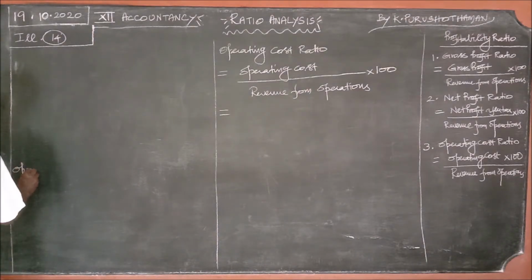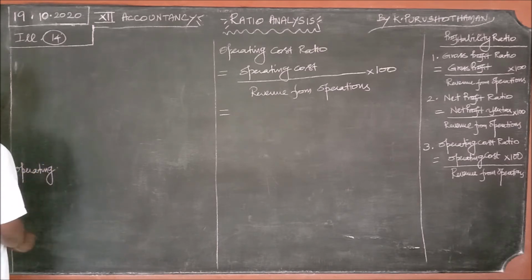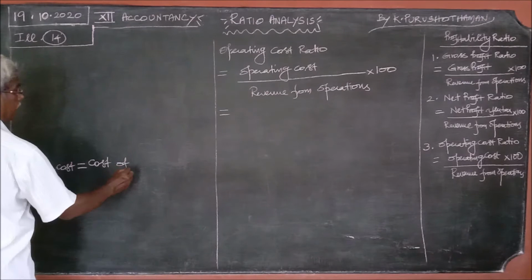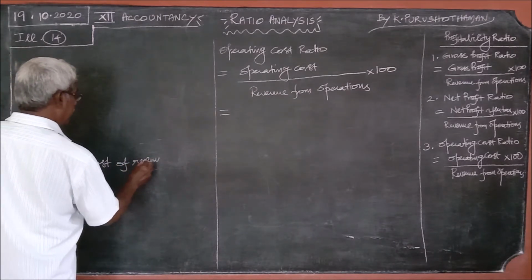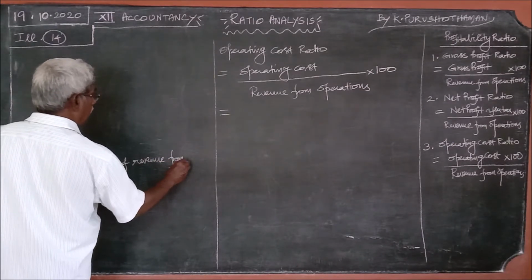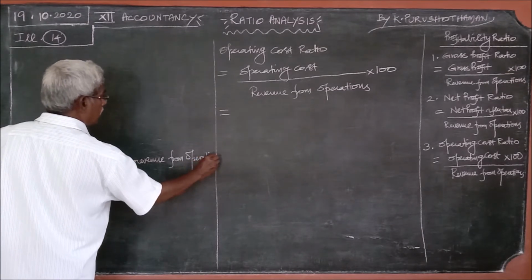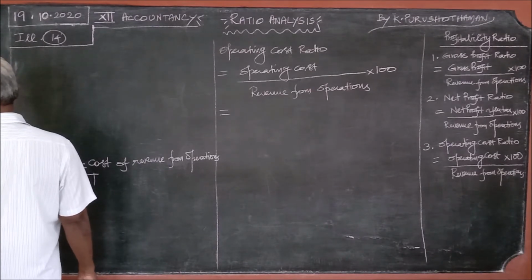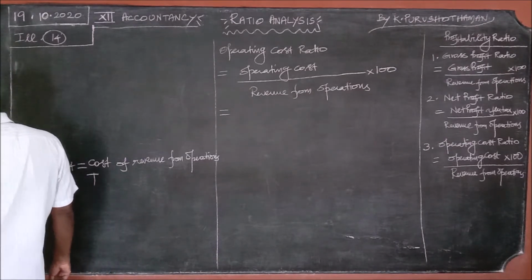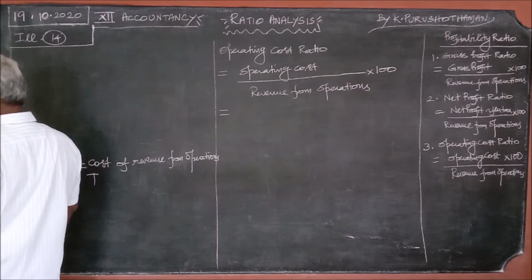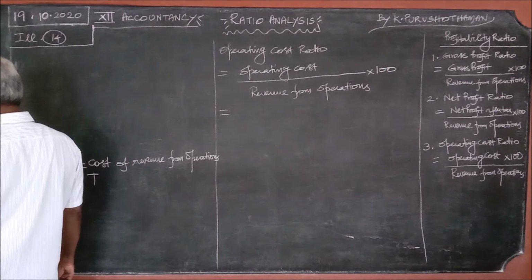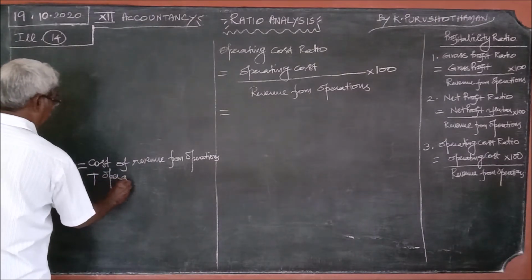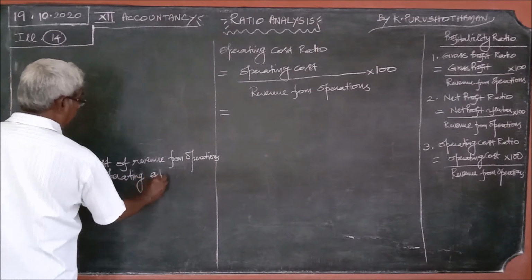That is operating cost is equal to cost of revenue from operations plus operating expenses.